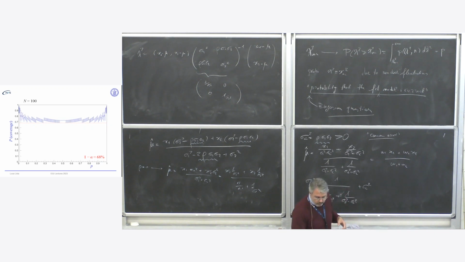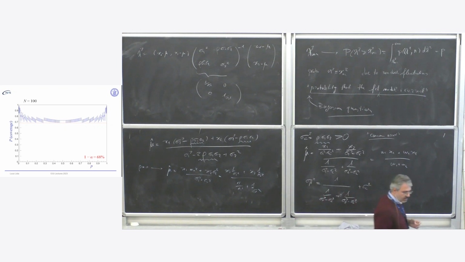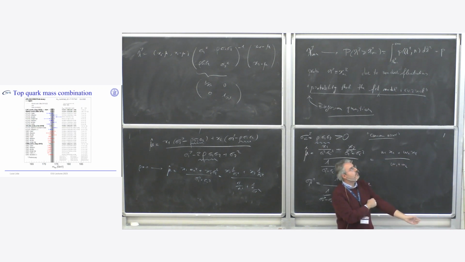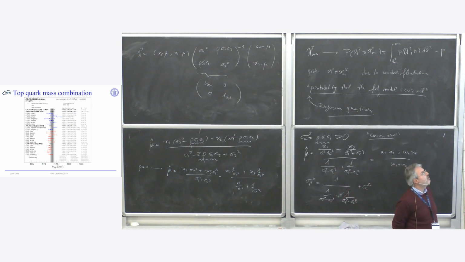So for those of you who are interested in the way that this can be interpreted, check a paper. This is an example where this method is applied. This is a combination of top quark mass by the LHC top working group. So this is a combination of top quark mass from different measurements in ATLAS and CMS. And here there are cases where there are negative weights.